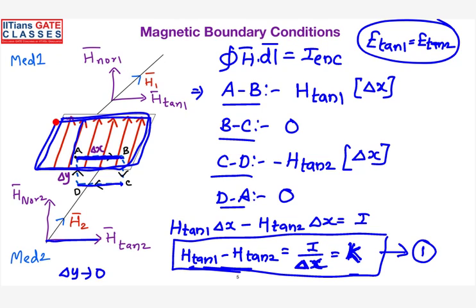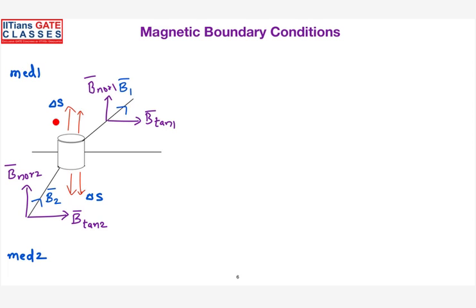In the same way, when it comes to the boundary condition, electric field tangential component remains same. When it comes to magnetic field, normal component remains same. That's what we are going to see in the next one also. So it is almost like the same way. Maybe you can call it a duality. Okay, sir. Now we will see for the normal component what will happen.